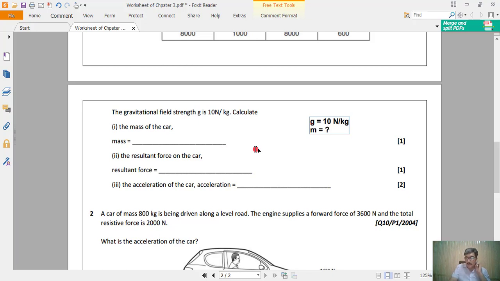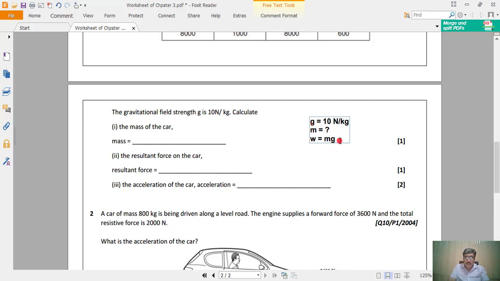So we have to find the resultant force first, but before the resultant force, you can use this relationship that W is equal to mg. Why are we using W is equal to mg? Because gravitational field strength is given to us and we have to calculate mass, and in this relationship mass is given. So then what will be the weight?